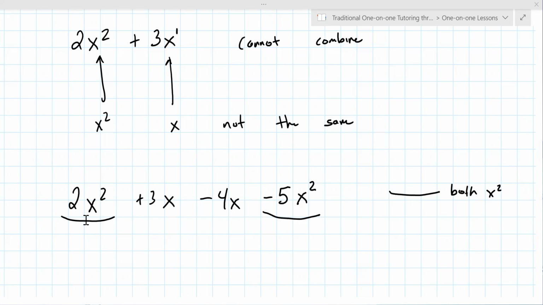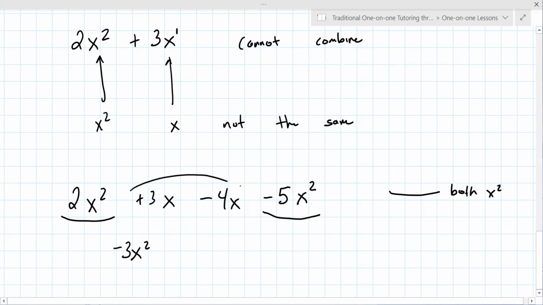Exactly. Negative 3x squared, right? It's got to have the same thing there. Now, the other ones are both x's, which means they can be combined. All right. Let's try that.